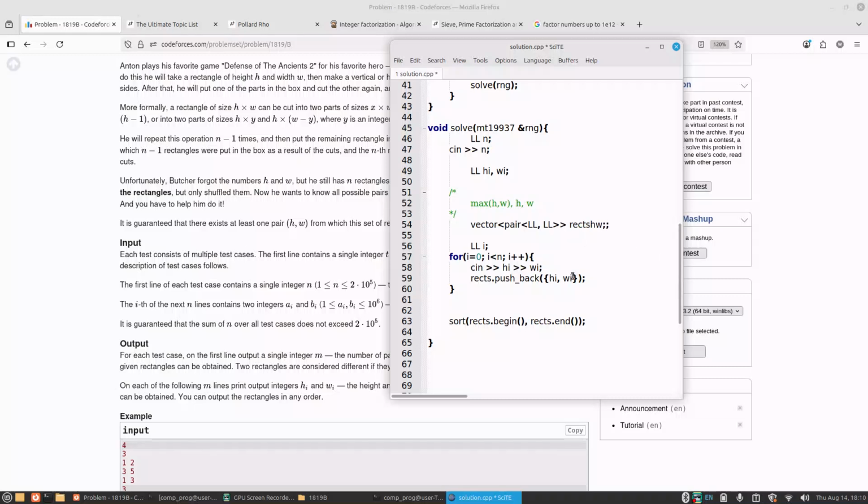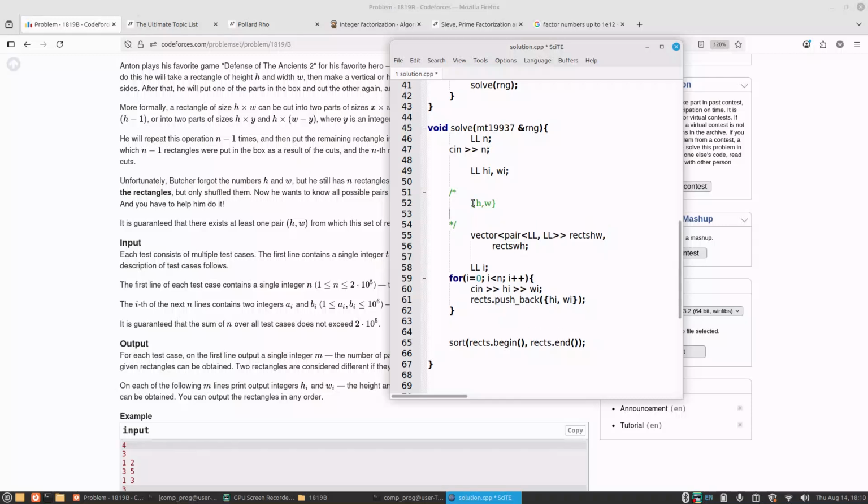Okay. X with height. I think it should just be greater.